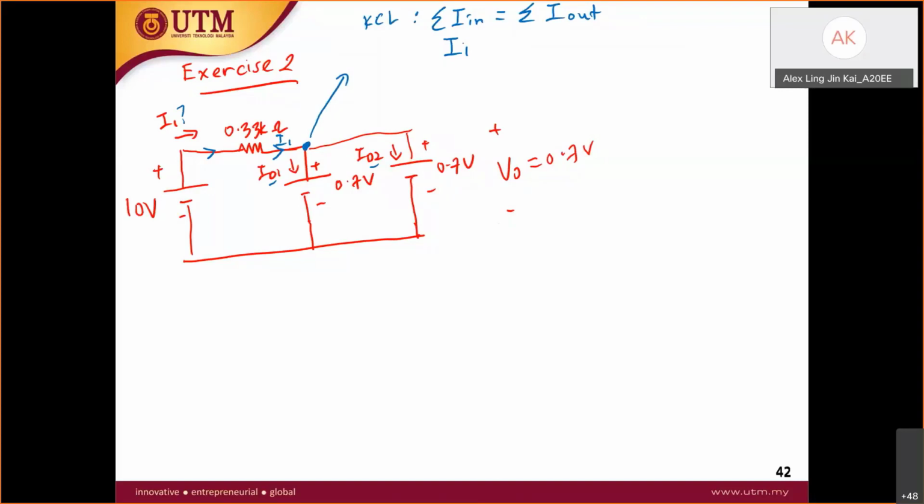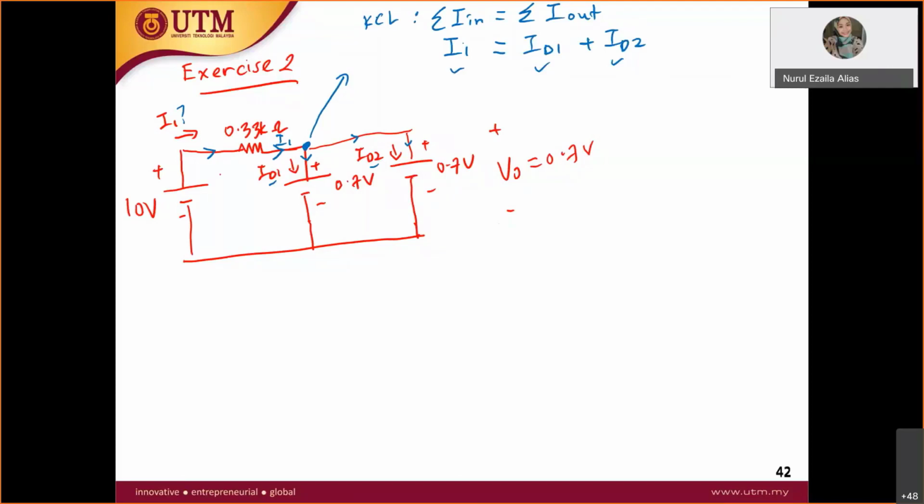So what will be the current going out from this node? You have ID1, and also going out here is ID2. So this is the method to find all these variables needed: I1, ID1, and ID2.